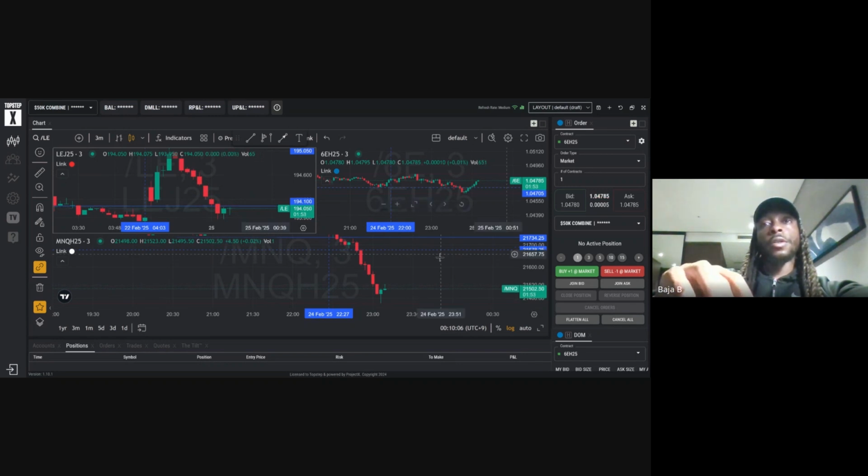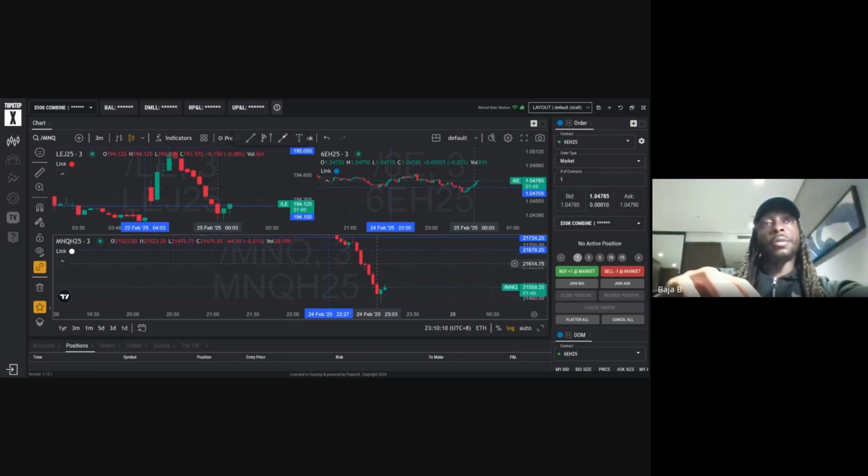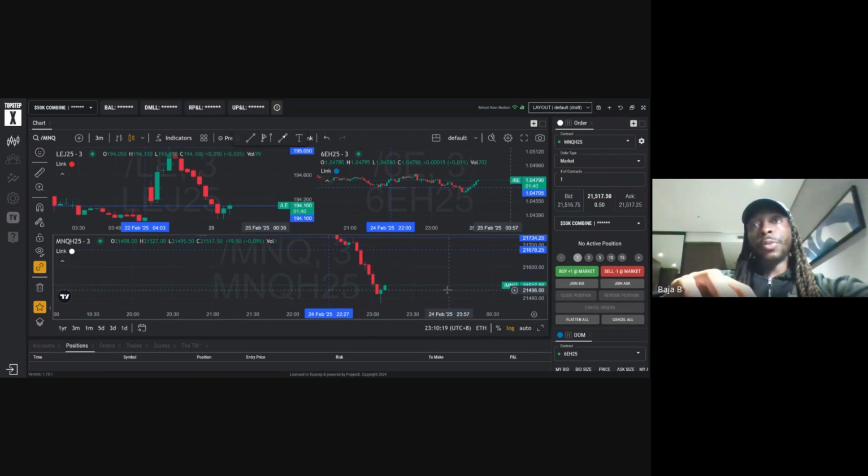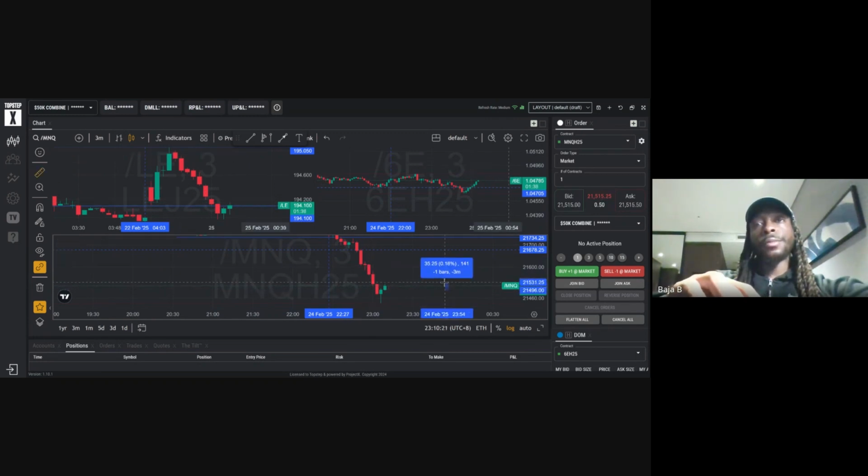I want to just see what the mini NQ would be. It's the white color. All right. And just going to measure this as we're dwindling down. About 1.6%. It's okay.